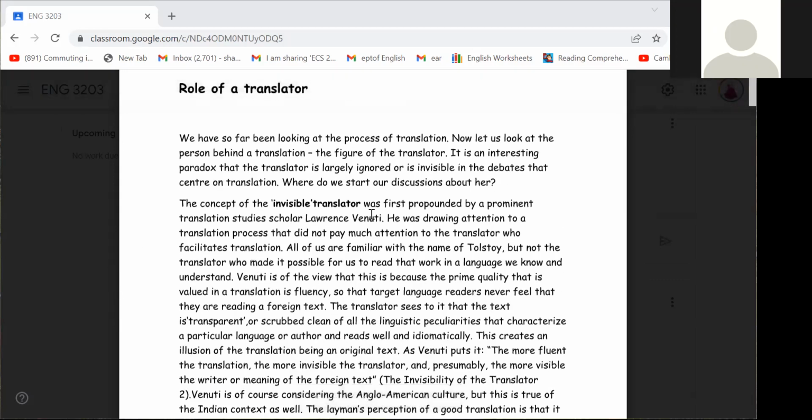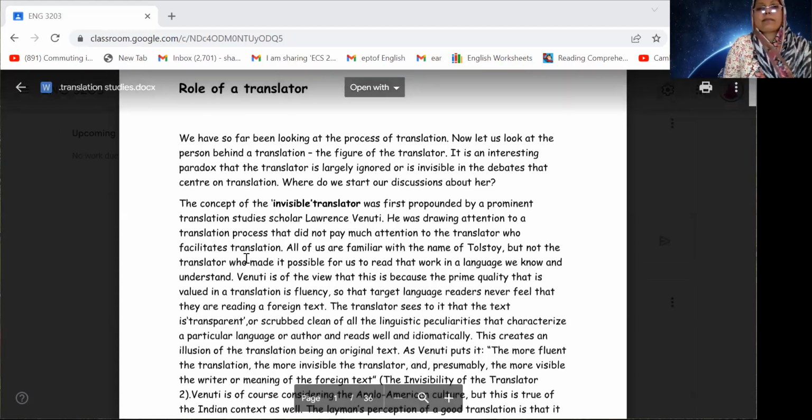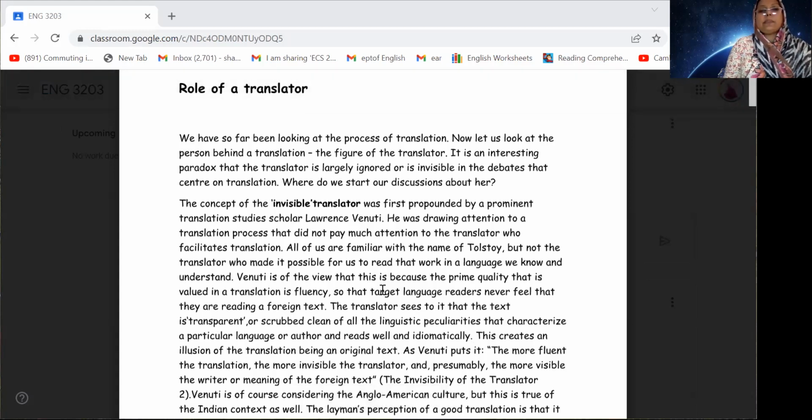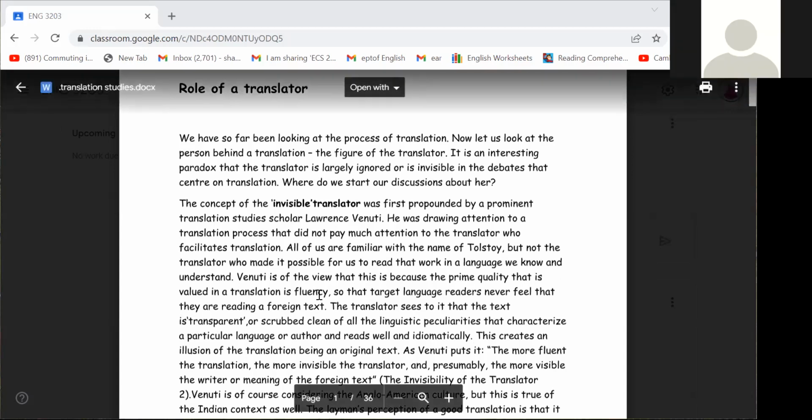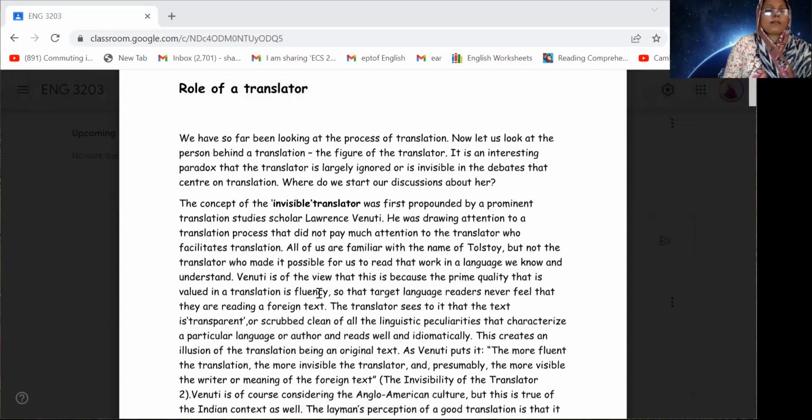The concept of the invisible translator was first referred to by a great translation studies scholar, Lawrence Venuti. All of us are familiar with the name of Tolstoy, but we don't know him as a translator. Venuti is of the view that the prime quality valued in translation is fluency.